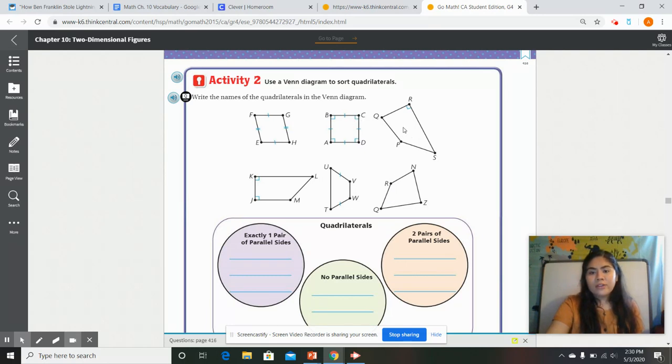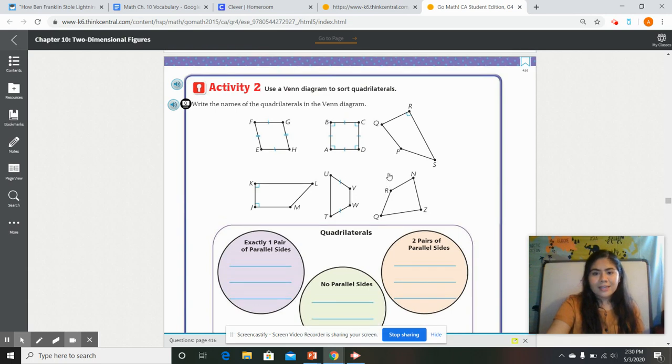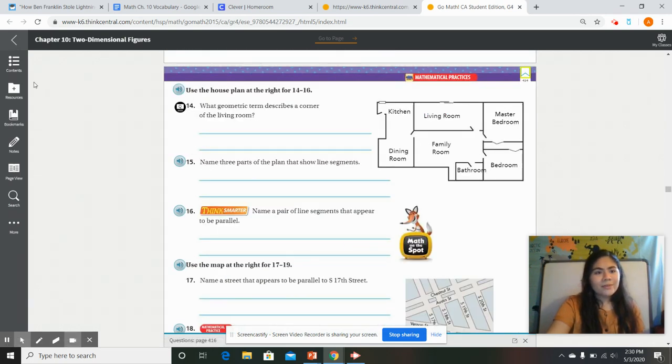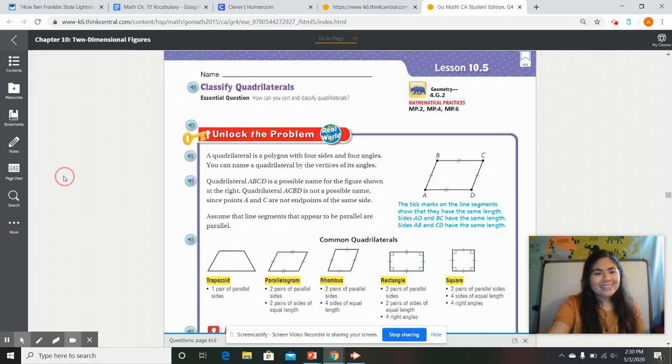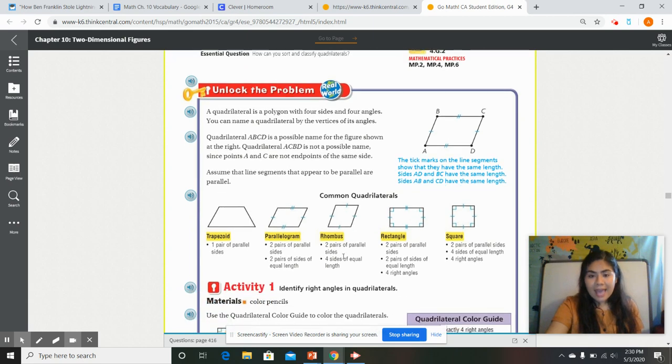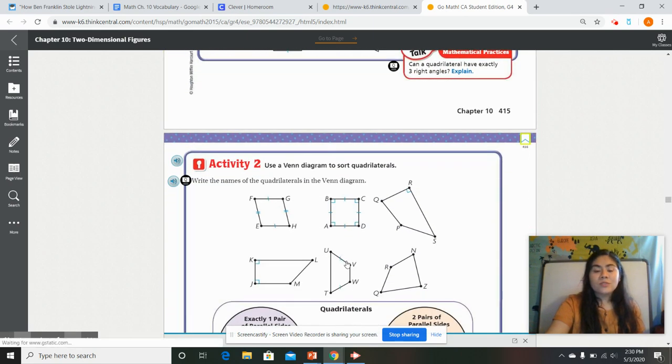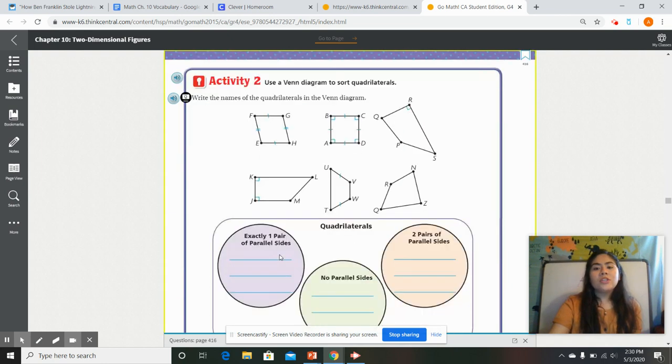So I know these don't look like all the shapes that we talked about up here. I know it doesn't look like all of these shapes, but they can be classified as one of those quadrilaterals, using the list of characteristics.